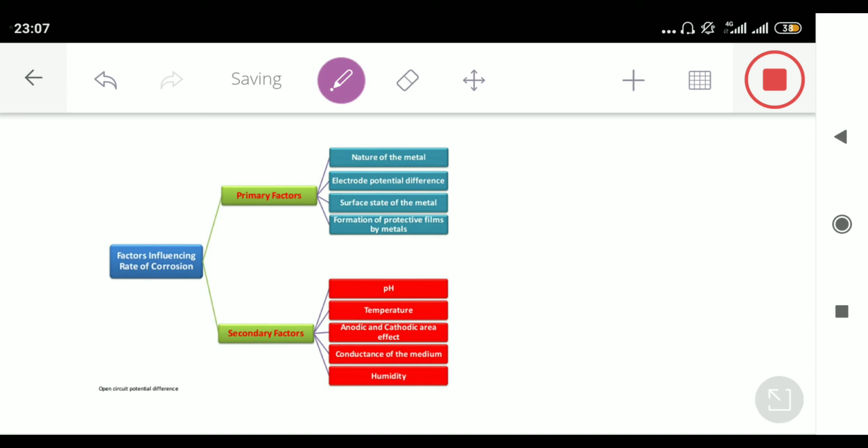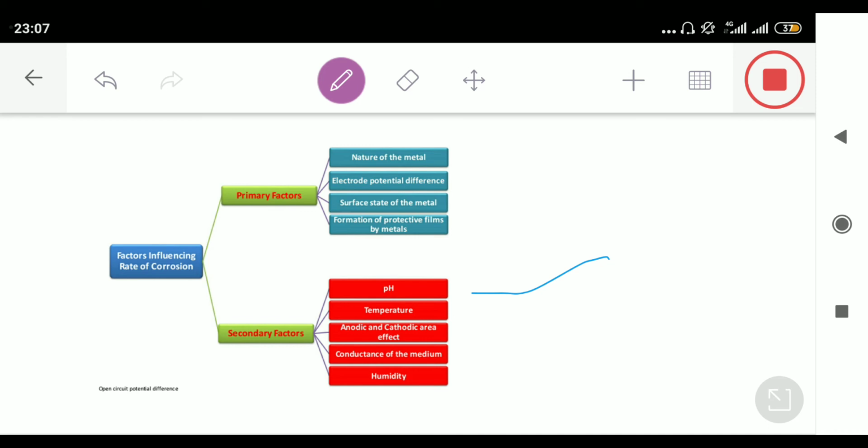Which means if the pH decreases, the rate of corrosion of iron increases, right? So this is how pH affects the iron. Simply we can say when pH decreases, rusting of iron increases.